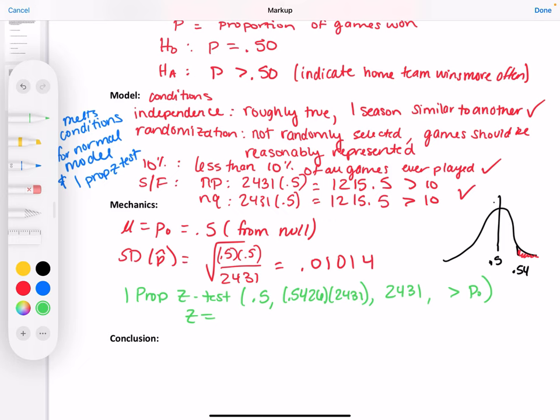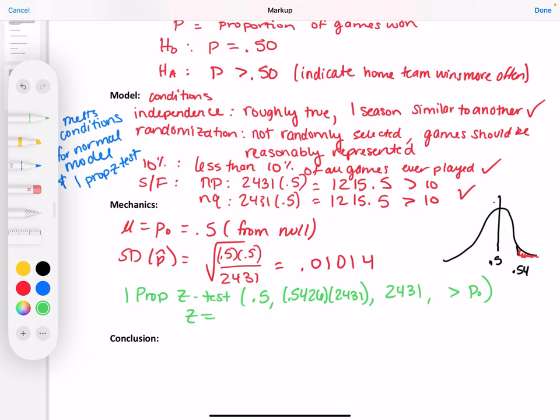Calculate. Try draw and see what happens. Hold on. Stat test. One prop z-test. Make sure you're in one prop z-test and not z-interval.